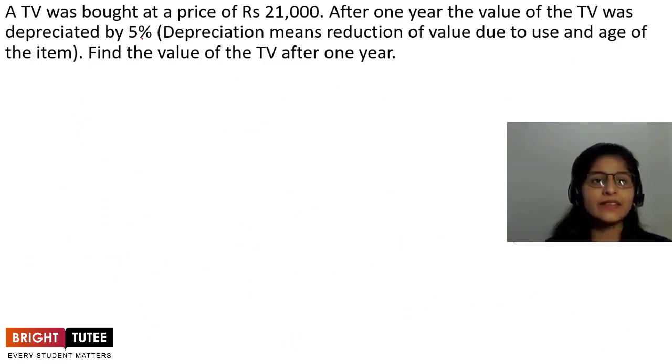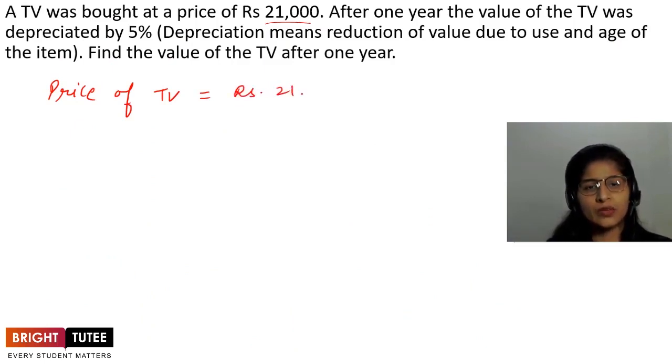It says a TV was bought at a price of rupees 21,000. So let us take the initial amount, that is 21,000, the price of the TV. After 1 year, the value of the TV was depreciated by 5%.